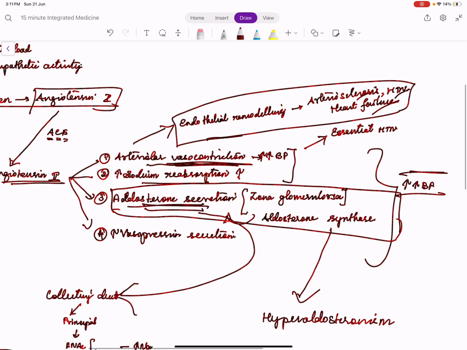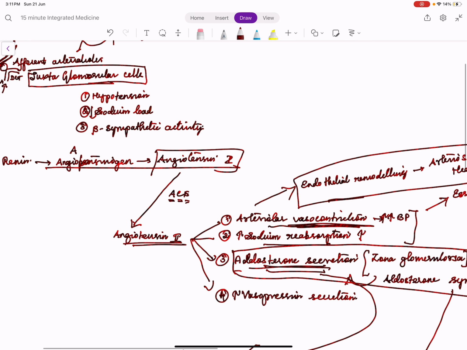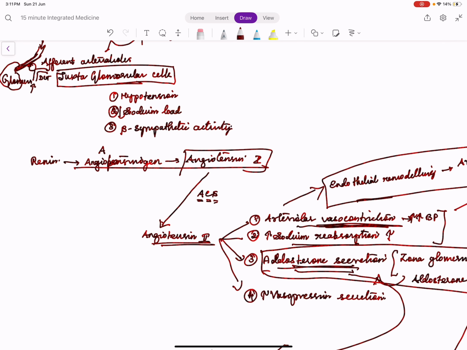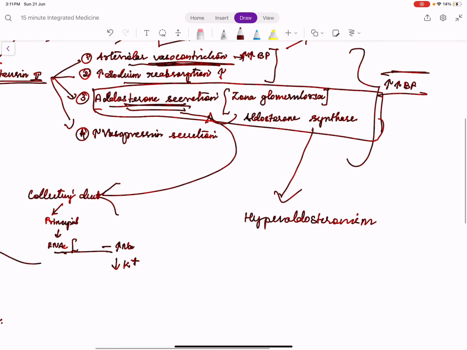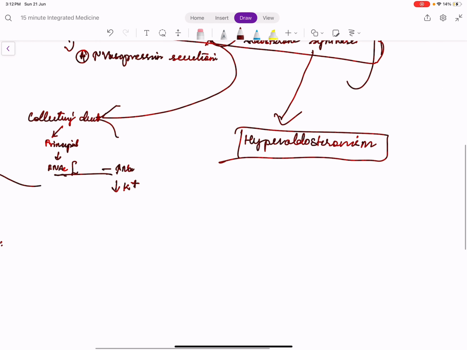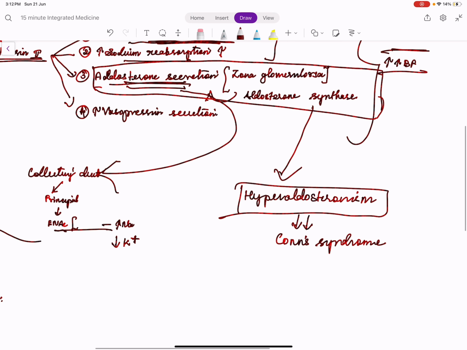From this chart we understand that when hypotension is there, renin is stimulated. This renin stimulates aldosterone. But there are some conditions in which even without renin stimulation, aldosterone production increases, called Conn syndrome or hyperaldosteronism. Here also we have increased sodium retention and more potassium excretion leading to hypokalemia plus high BP.